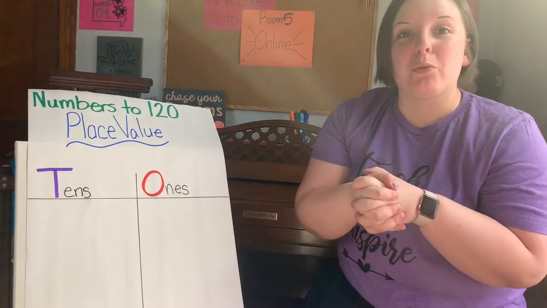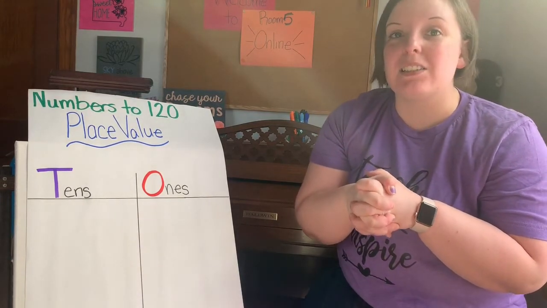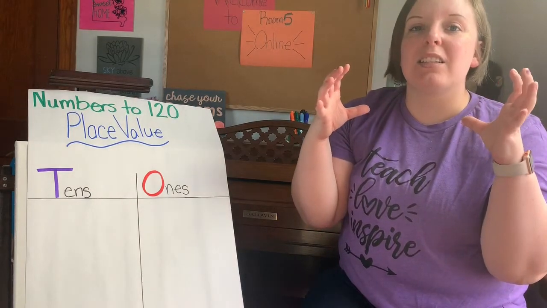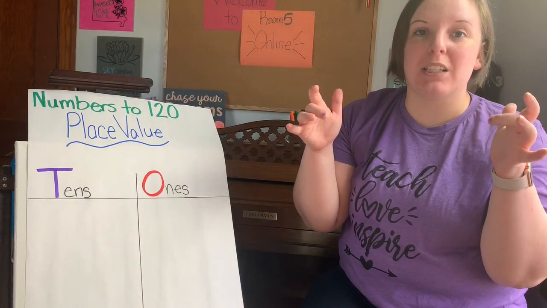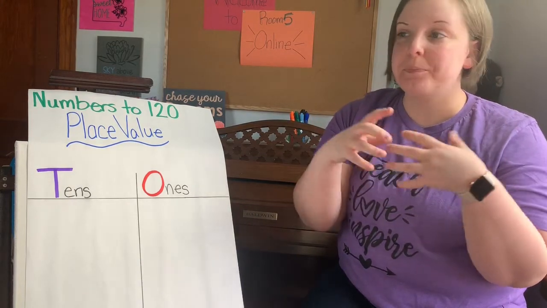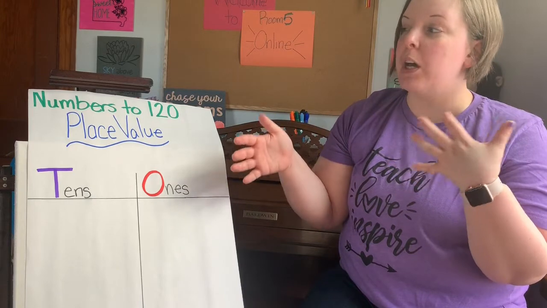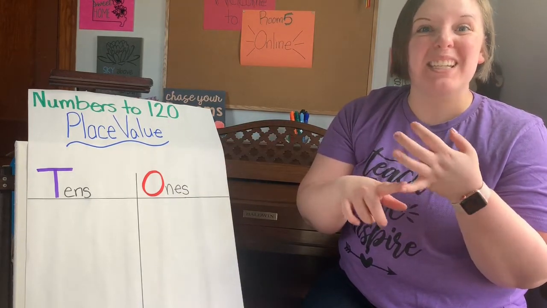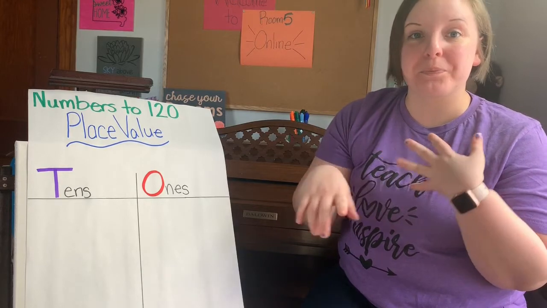The other part is we want everything organized. Remember, in the back of our brains, we always want to be keeping that 10 frame: 5 on top, 5 on the bottom, and that's how we want to organize everything. So you'll notice as I model this first number for you, all of my sketches are neat and they are organized.